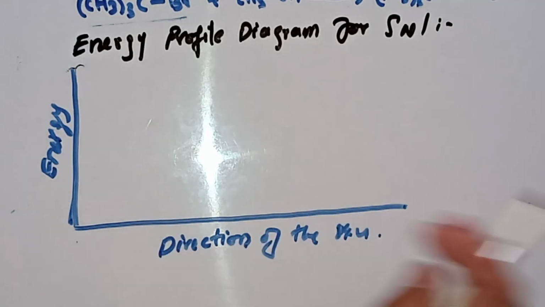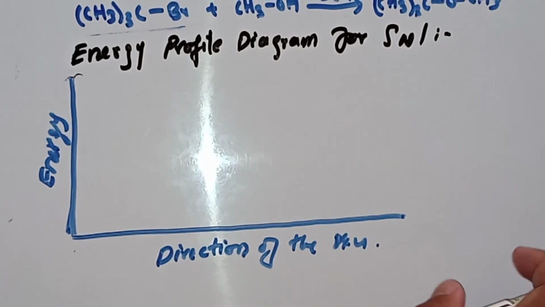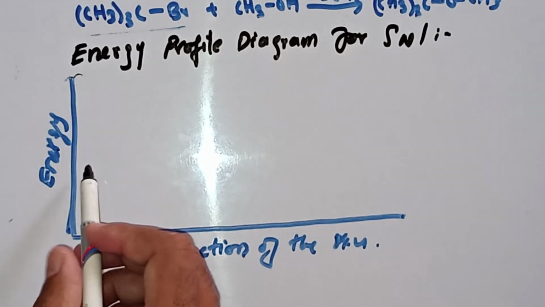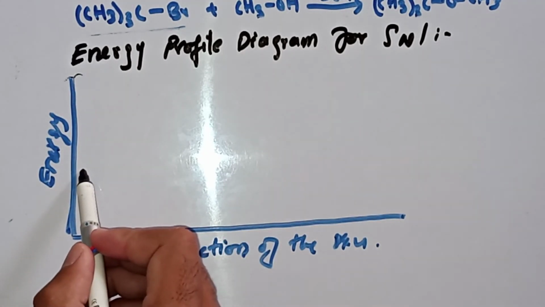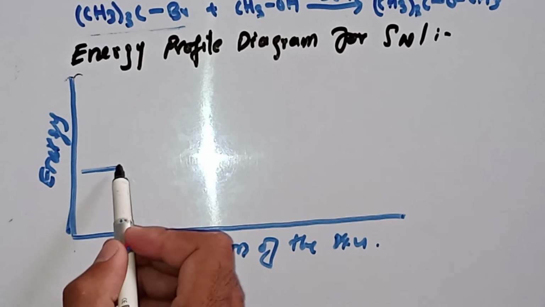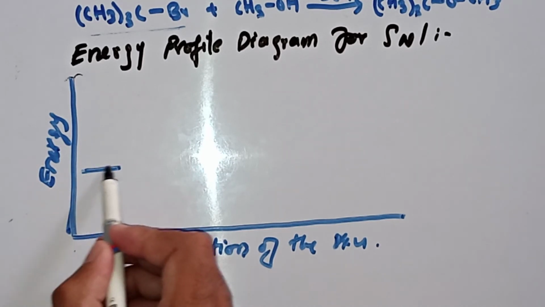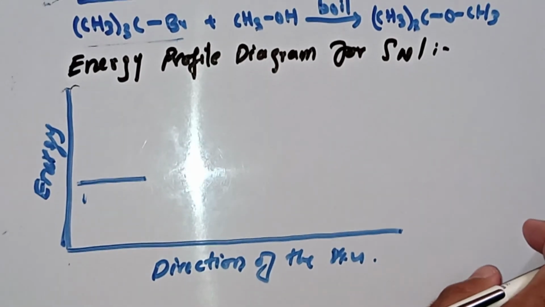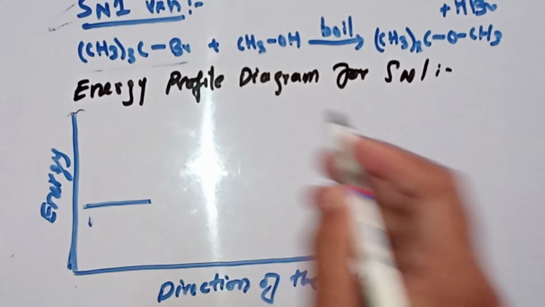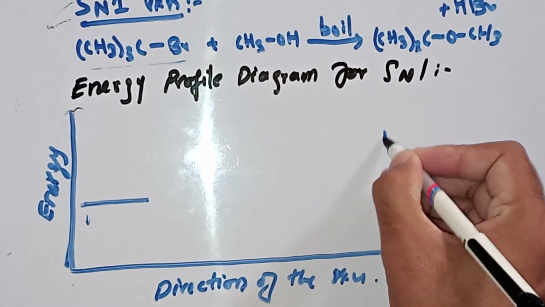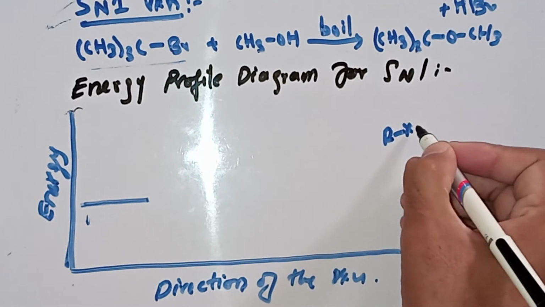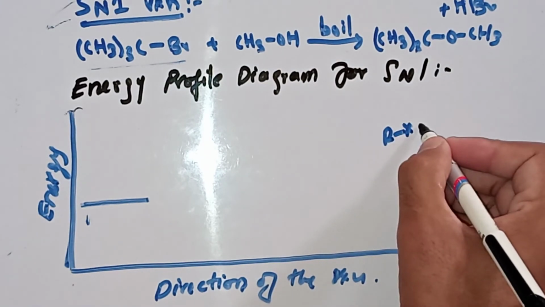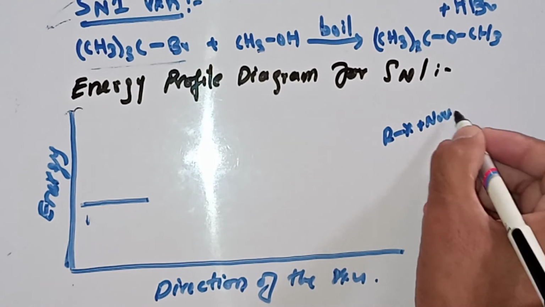When there is the initial position, it means only reactants are present. Let's suppose the reactant is RX, plus nucleophile.